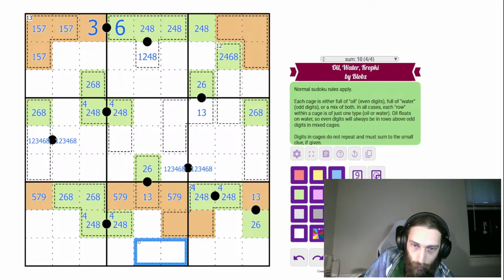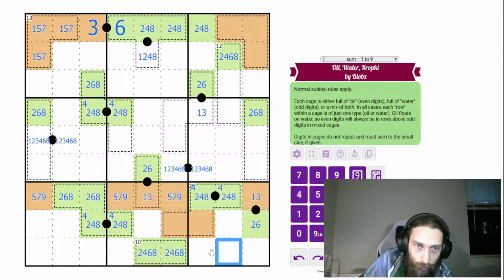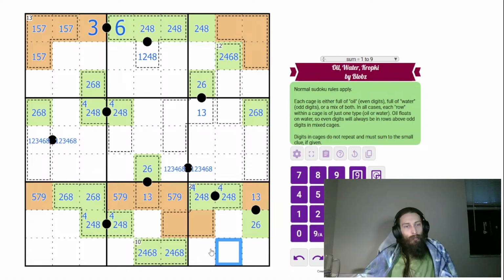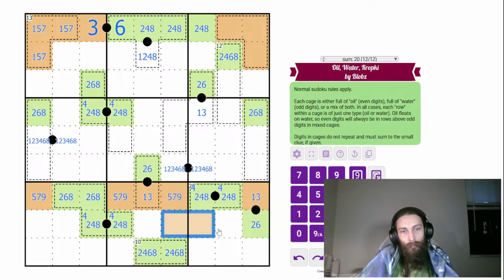Oh, this 10 has to be a pair of evens now, because there are already 4 odds in the box. Oh, the cage that comes down from box 3 to box 6, that 1 3 is odd, so everything below it in there is odd.